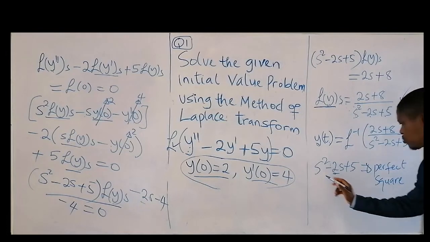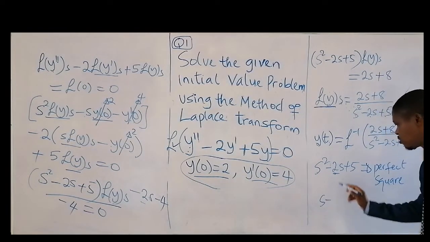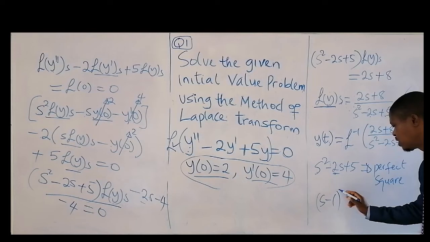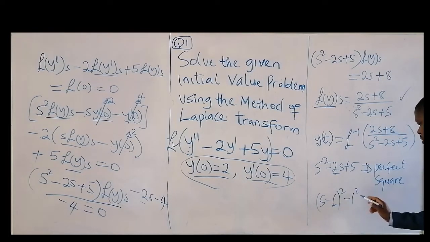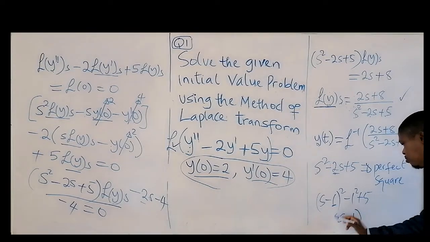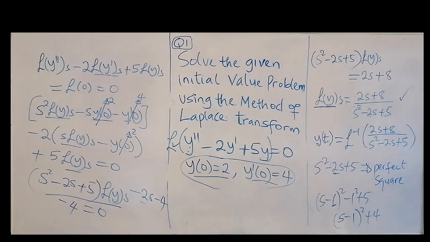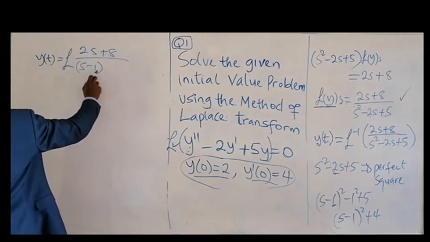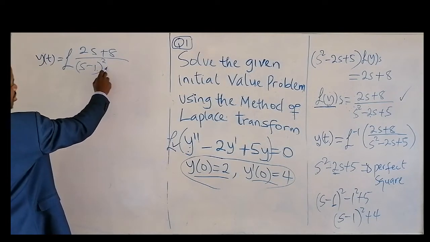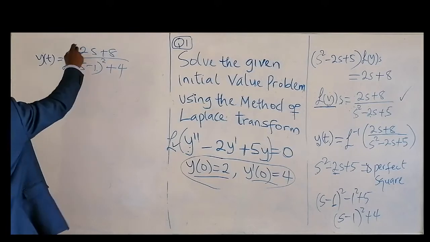Take half of minus 2, which is minus 1, and square that. Take it outside and square it, plus 5. So the perfect square will now become s minus 1 squared plus 4.